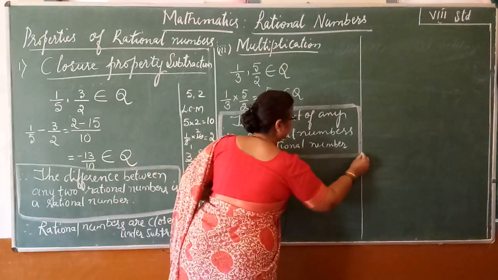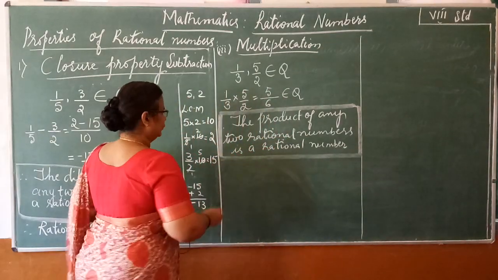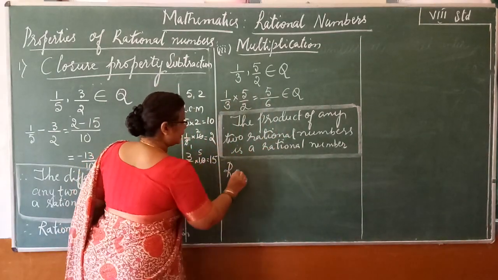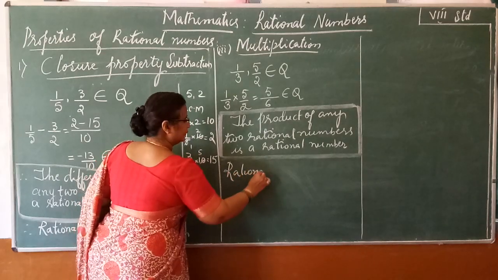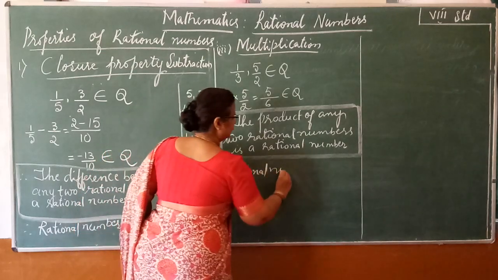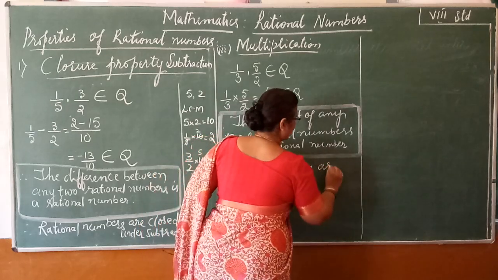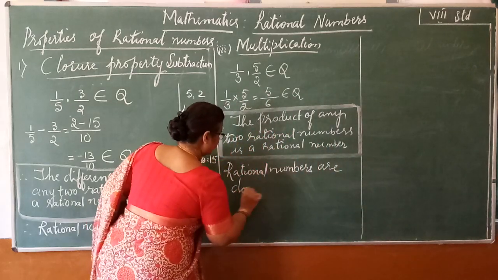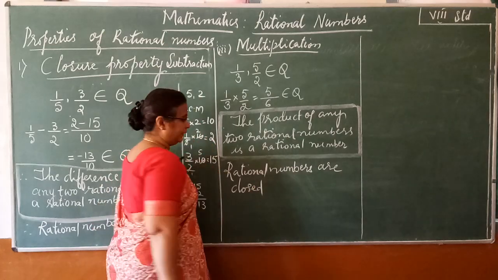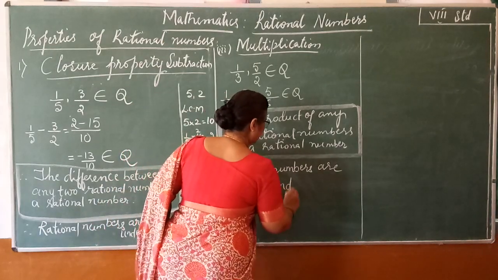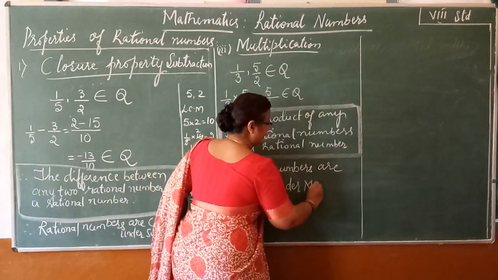So finally we can conclude rational numbers are closed, satisfies closure property, closed under multiplication.